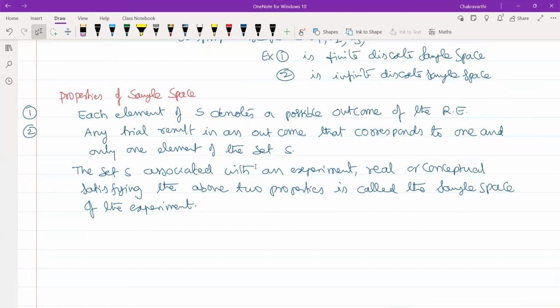Once you identify the sample space, automatically you have to take the favorable cases. What is the requirement? Based on the requirement, how many cases are favorable to our desired event? Our desired event may be an even number, odd number, prime number, like this.